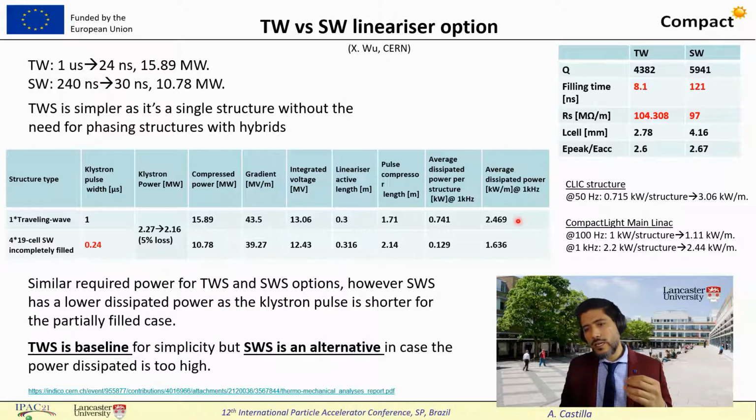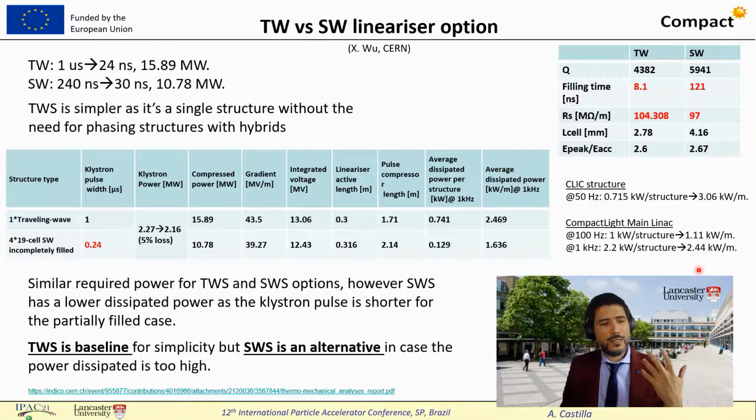If we compare the dissipated power of the traveling wave structure and the standing wave structure for the K-band to other structures, let's say in this case X-band at 50 Hz, we have about 3 kilowatts per meter. For CompactLight, the main LINAC, working at 100 Hz, we have 1.1 kilowatts per meter, and working at 1 kilohertz, we have 2.44 kilowatts per meter.